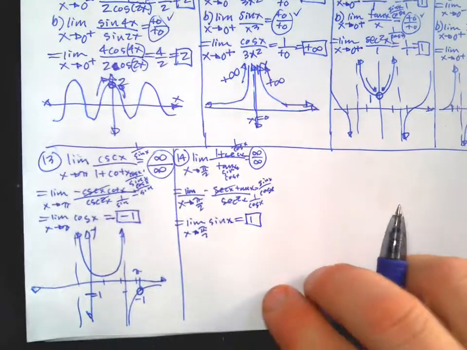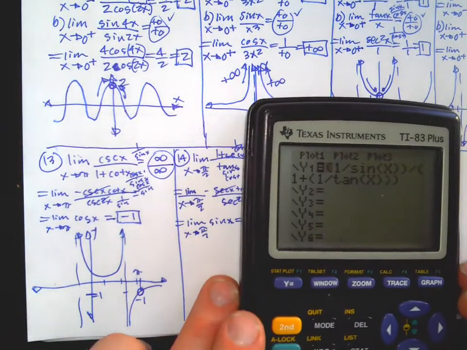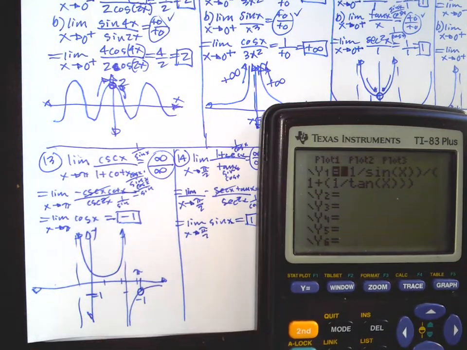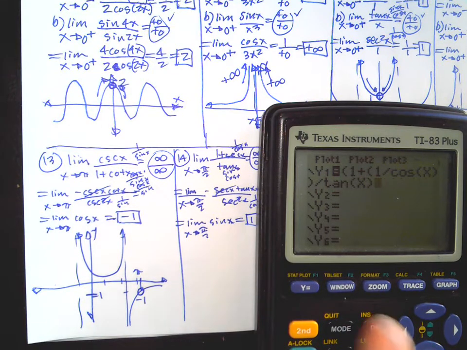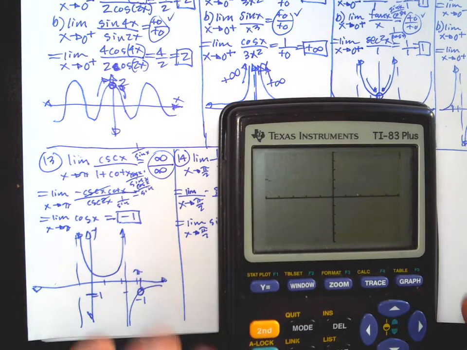So on a graph, we can take a quick look at that. We would do parentheses 1 plus parentheses 1 divided by cosine x, close, close, divided by tangent x, close, get rid of all the rest, and then graph. We get some vertical asymptotes.